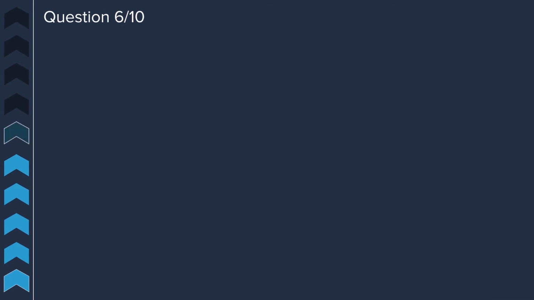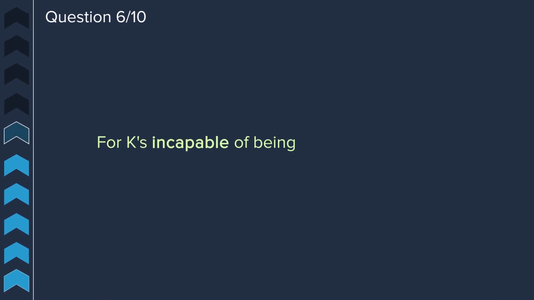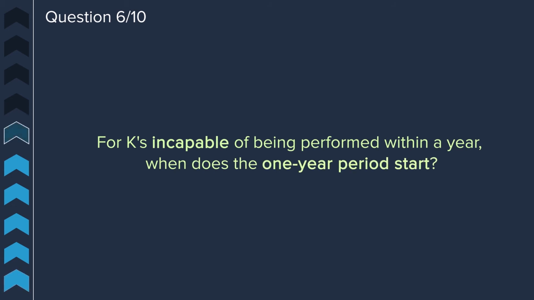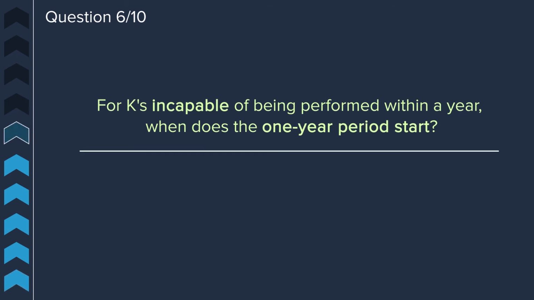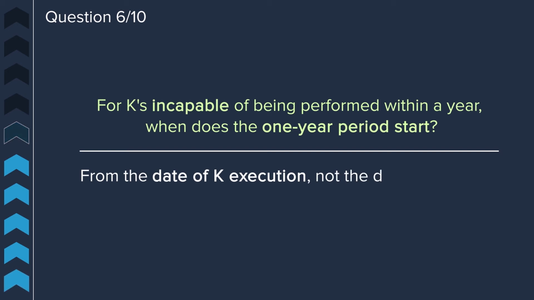Question 6. For contracts incapable of being performed within a year, when does the 1-year period start? The 1-year period starts from the date of the contract execution, not the date the performance started. Question 7.